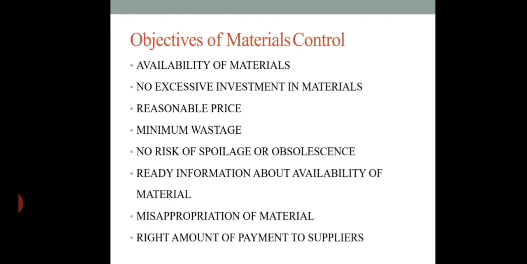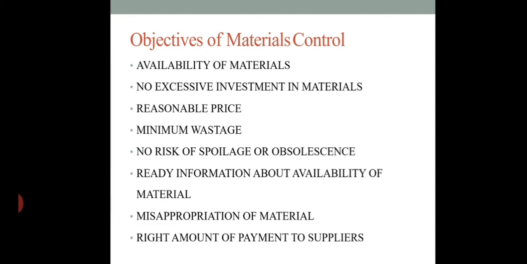And the next one is ready information about the availability of material. This is an important objective of material control: the storekeeper can supply the information because he keeps an up-to-date record of every item of stock under the proper system of material control.